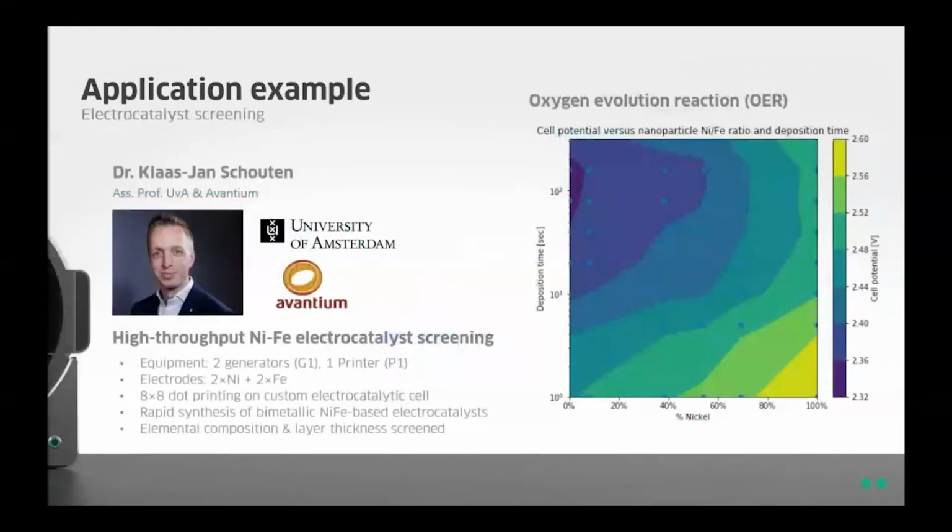Another example is an electrocatalysis screening project that we did together with Klaas-Jan Schouten from Avantium. Here we deposited 8x8 dots. And we changed the nickel composition. So if you look at the graph on the left side, you have 100% iron, and then we increased the nickel.